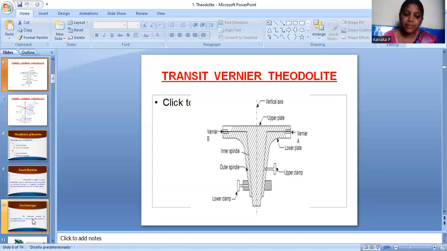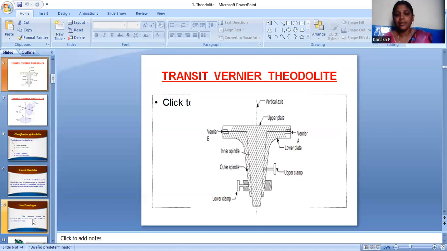Next one is face left. The vertical circle of the theodolite is on the left of the observer at the time of observation is called face left. The vertical circle of the theodolite on the right of the observer at the time of observation is called face right. These are the main terms of the theodolite.